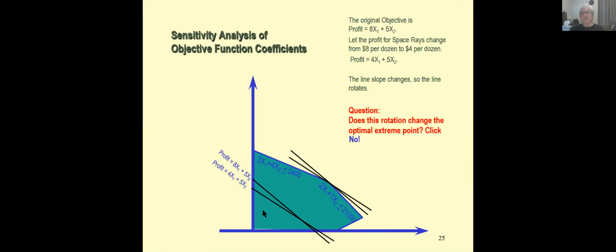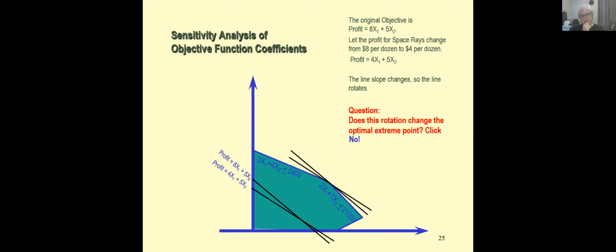You drop the profit so much that now it's less profitable than zappers, and still you produce the same amount of space rays here and the same amount of zappers here. It's counterintuitive, but it is correct. It's one of the characteristics of linear programming: not every little change in the objective function will take the solution to a different extreme point.